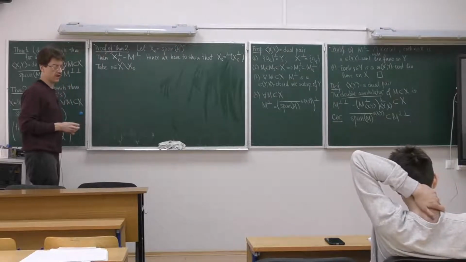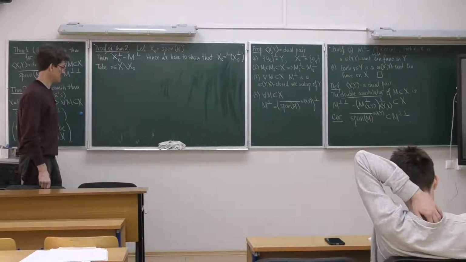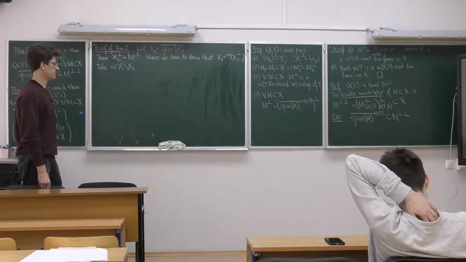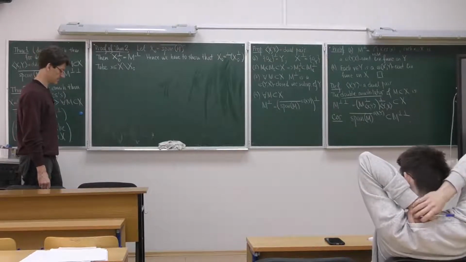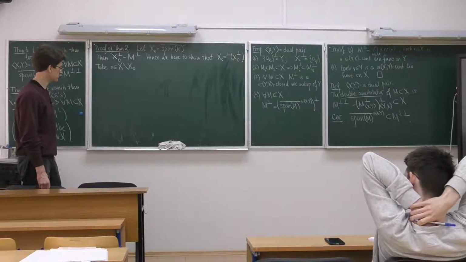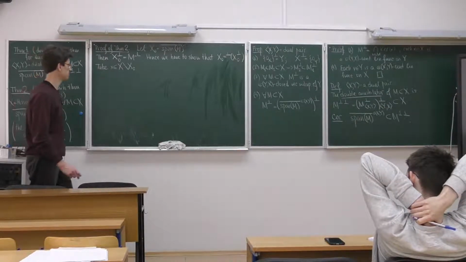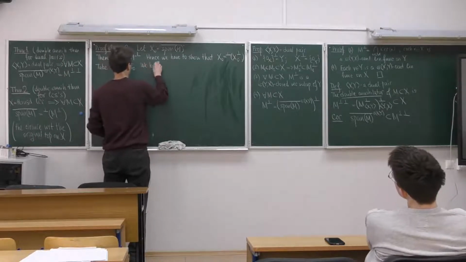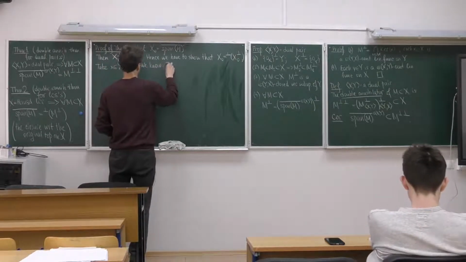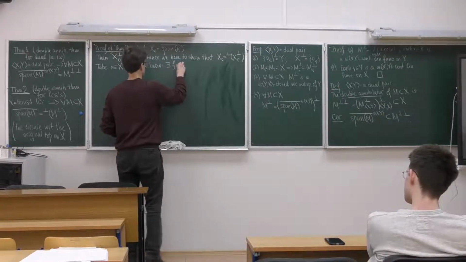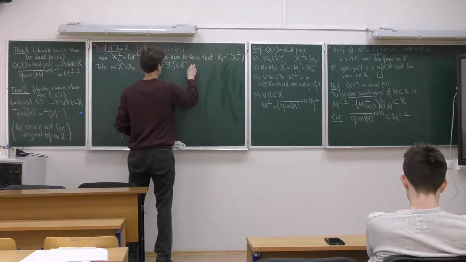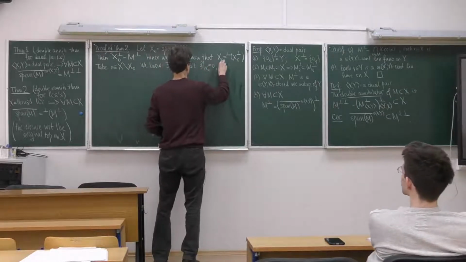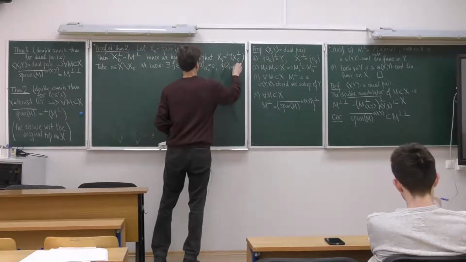And let's recall a corollary of the Hahn-Banach theorem, namely the separation theorem for points and closed vector subspaces, which was proved some time ago. So we know that in this case, by the separation theorem, there exists a continuous linear functional f on X such that f vanishes at X0, but f doesn't vanish at x.